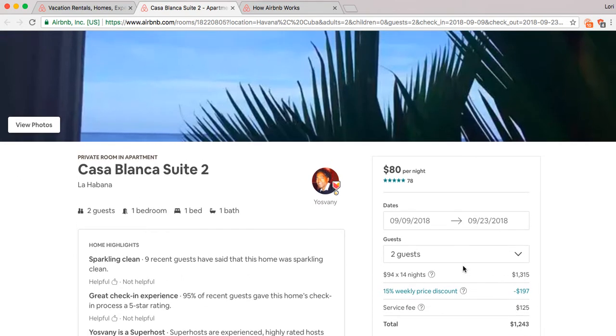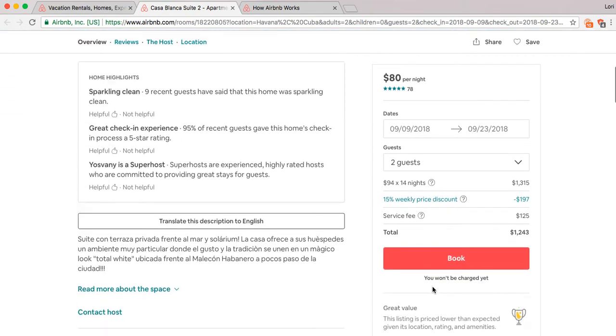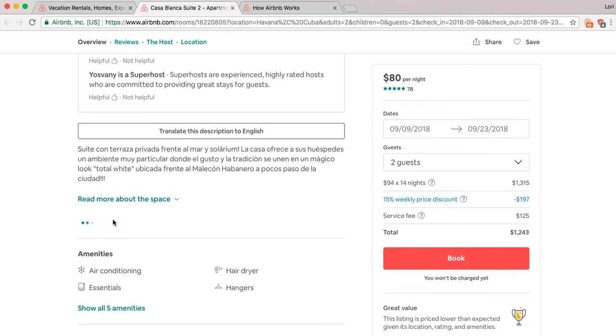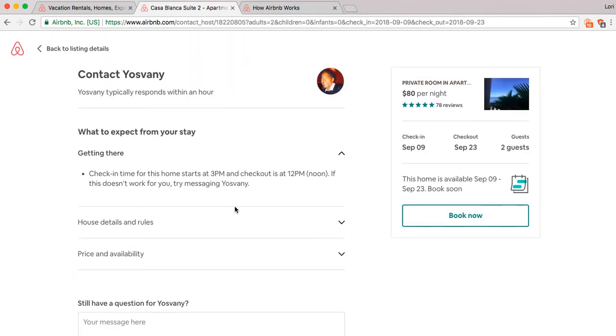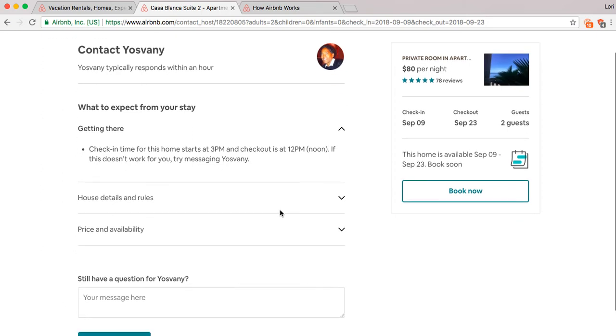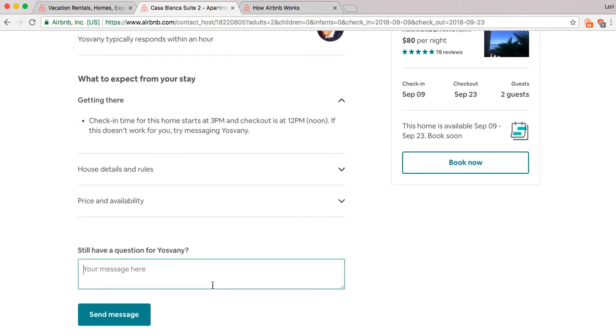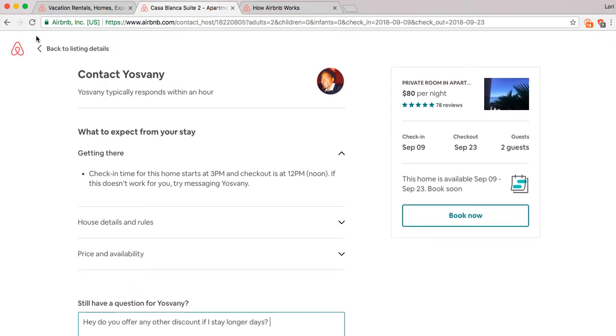But you can even message the host, contact host here where it says contact host. You can even ask them about the details, and send them a message saying, hey, do you offer any other discount if I stay longer days? Many times, this has happened to me a bunch of times, where they even offer an extra additional discount rate to what the website already has. So that's another great way of saving money.